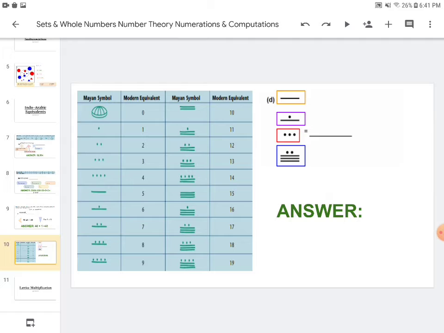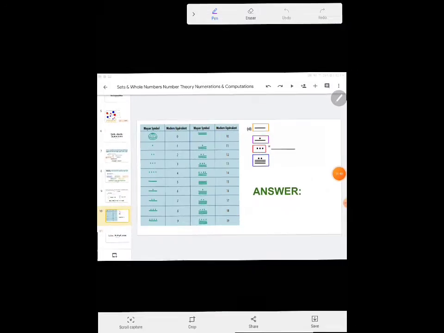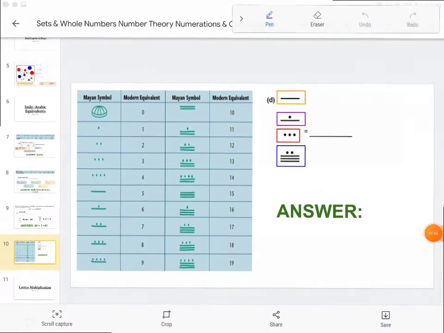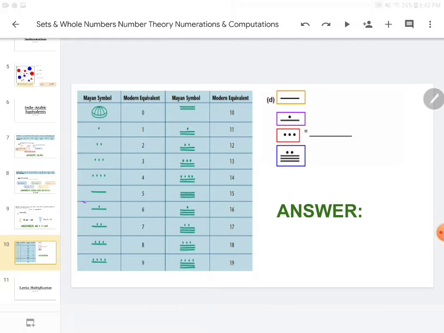So for our first part of the problem in our orange box, we have a straight line. We look through all of our images, and we will notice that we have a straight line right here.